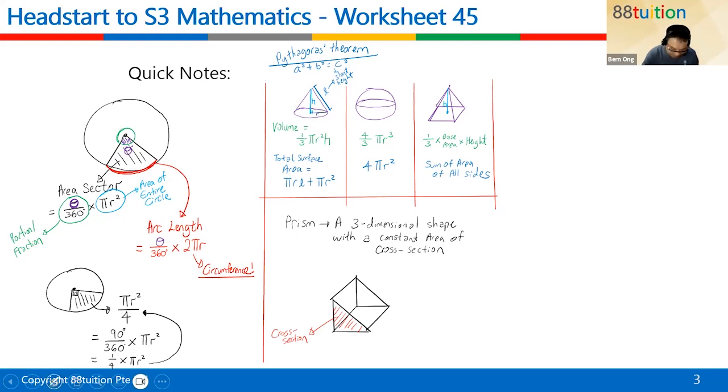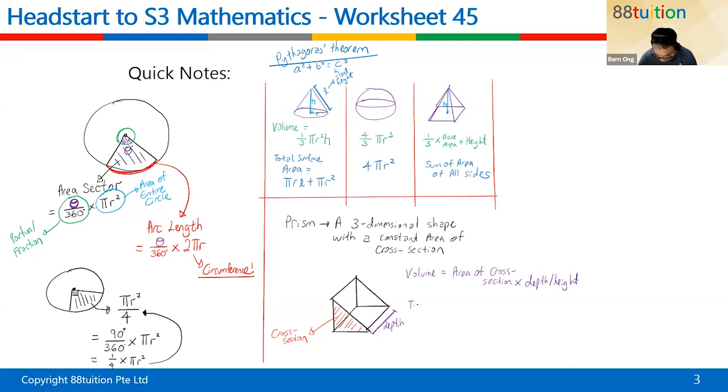There is this formula to find the volume of a prism. It is the area of cross-section times the depth or the height. Down here I call this the depth because it's lying down. So the area of cross-section, the red colour portion, times the depth.